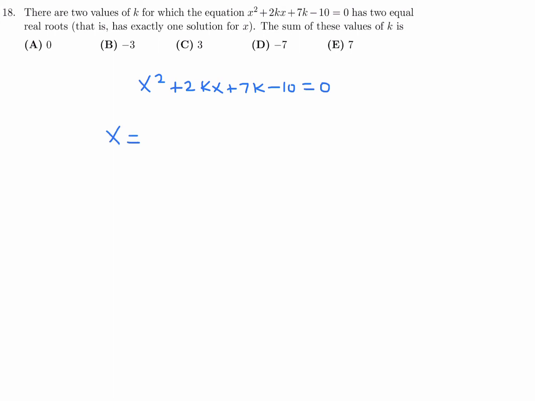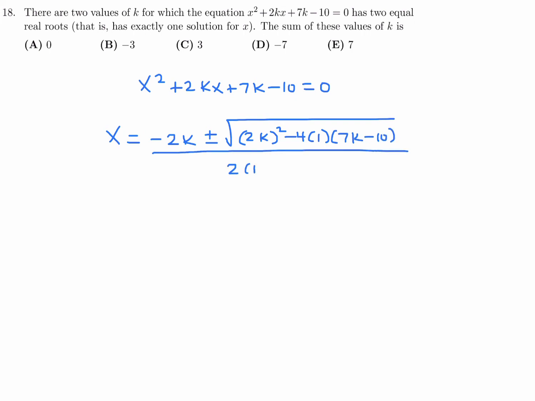So x will be minus b, 2k, plus or minus the square root of b squared, 2k squared, minus 4ac, all over 2a.